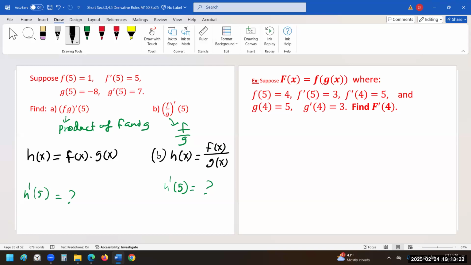Two functions multiply together, put A to B. The product of... Now they want to do it with everything at 5. So all the x's become 5.